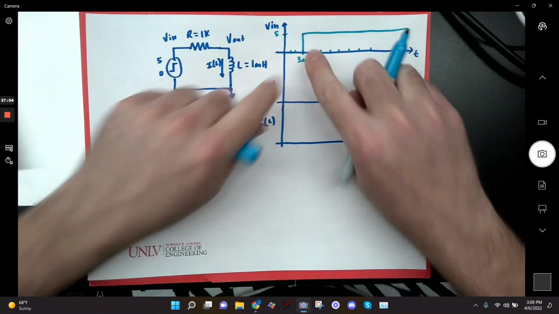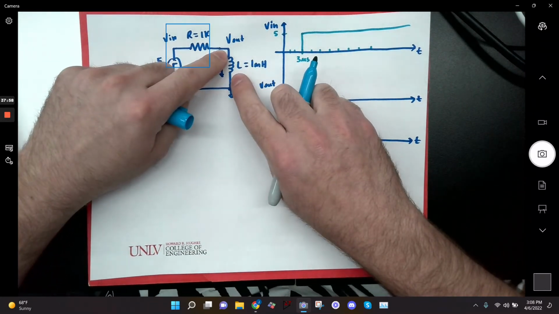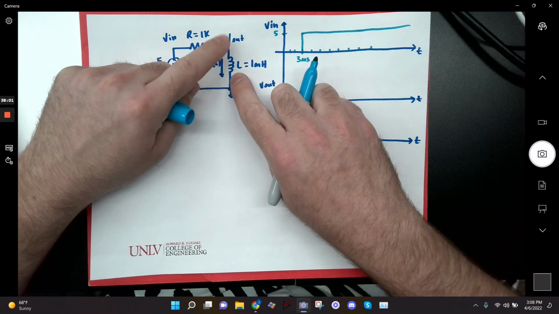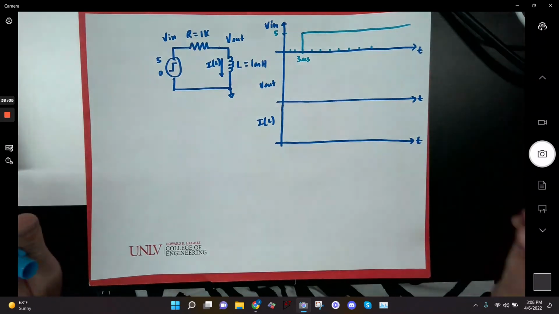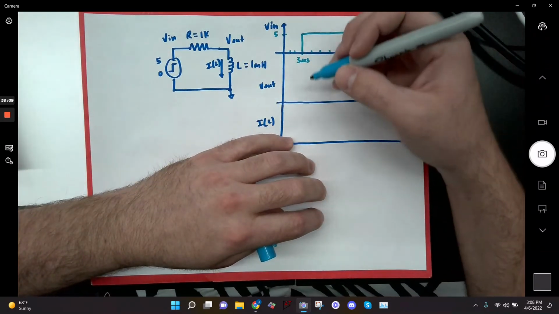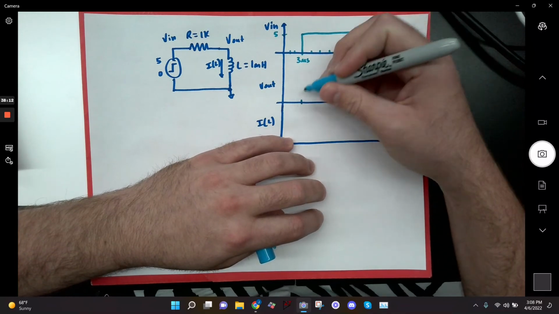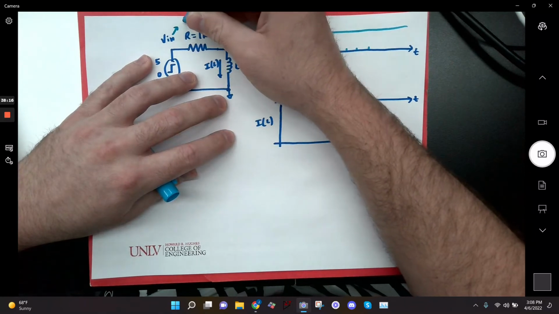So initially when this is 0, I know that there's going to be no current flowing in the circuit because my inductor acts like a wire. So V out is also 0. It's just connected straight through a wire to ground, right? Okay. So when my pulse goes high, when it goes from 0 to 5, my input goes up to 5 volts.